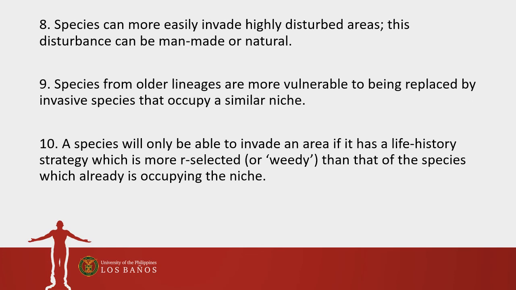8, species can more easily invade highly disturbed areas. This disturbance can be man-made or natural. 9, species from older lineages are more vulnerable to being replaced by invasive species that occupy a similar niche. 10, a species will only be able to invade an area if it has a life history strategy which is more R-selected than that of the species which already is occupying the niche.